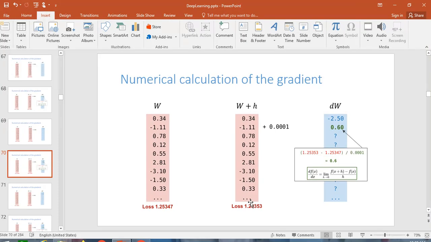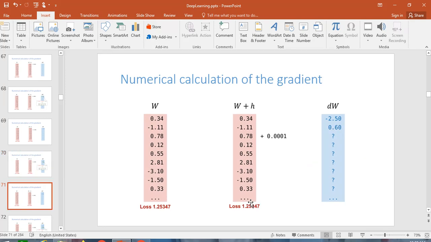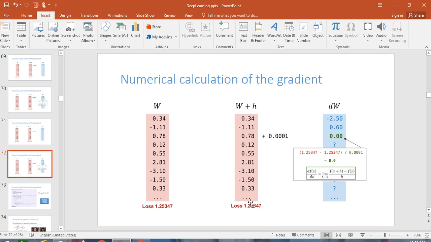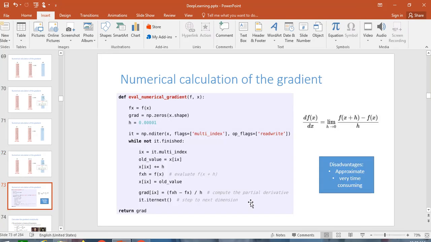That differential can also be a vector. This is the code that will do this for you in Python. This is called the numerical estimation method. This is one of the methods you can use.